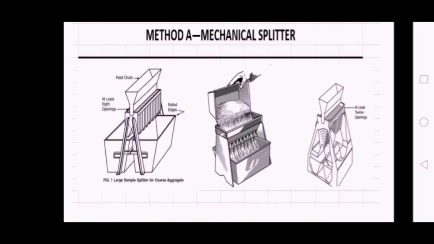In this method, we need a sample splitter. Sample splitters shall have an even number of equal width tubes, but not less than a total of 8 for coarse aggregate or 12 for fine aggregate, which discharge alternately to each side of the splitter. For coarse aggregate and mixed aggregate, the minimum width of individual tubes shall be approximately 50% larger than the largest particle in the sample to be split.